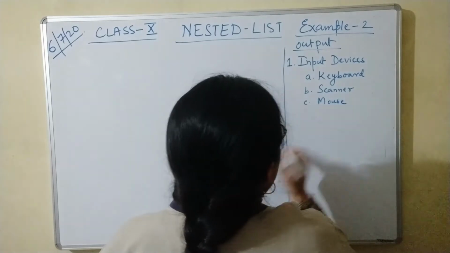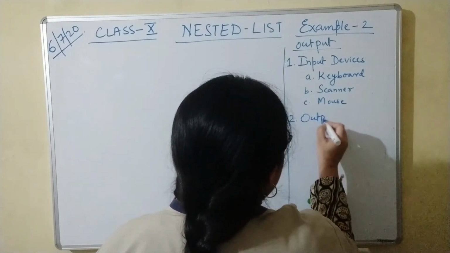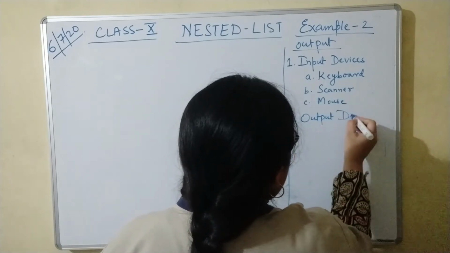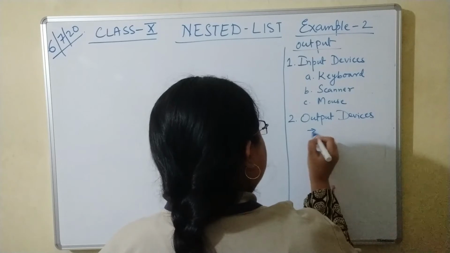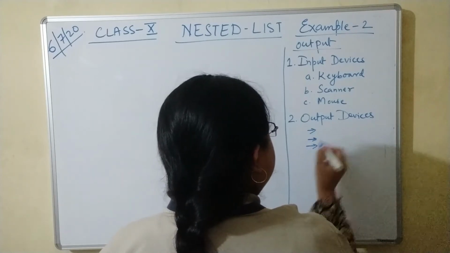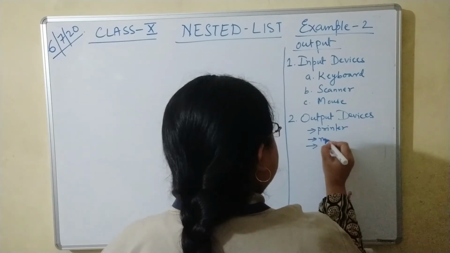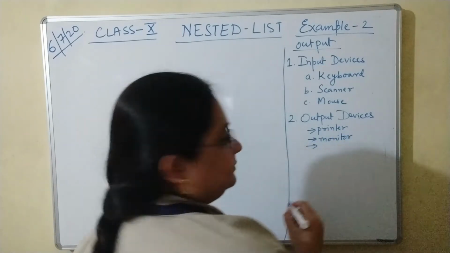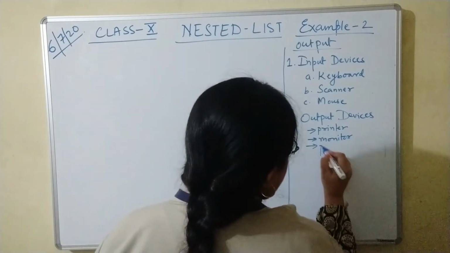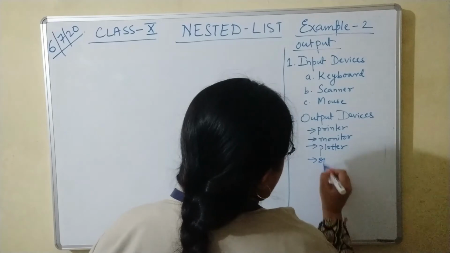These are some input devices, and I want output devices. And here I will be having a bulleted list, and speaker.